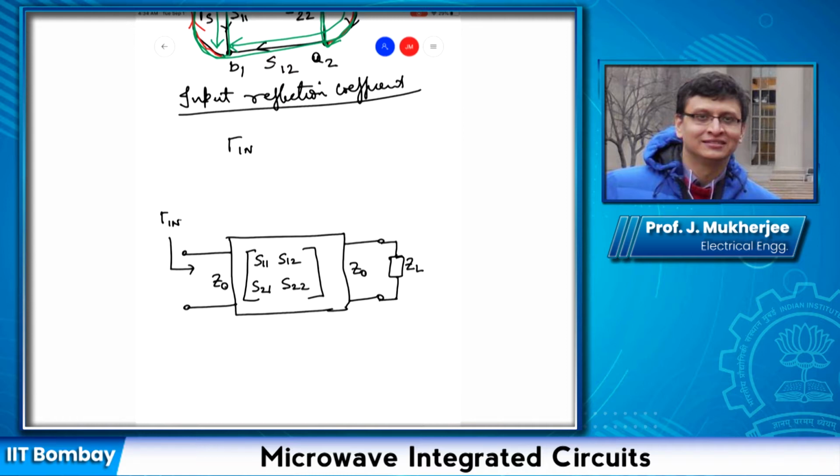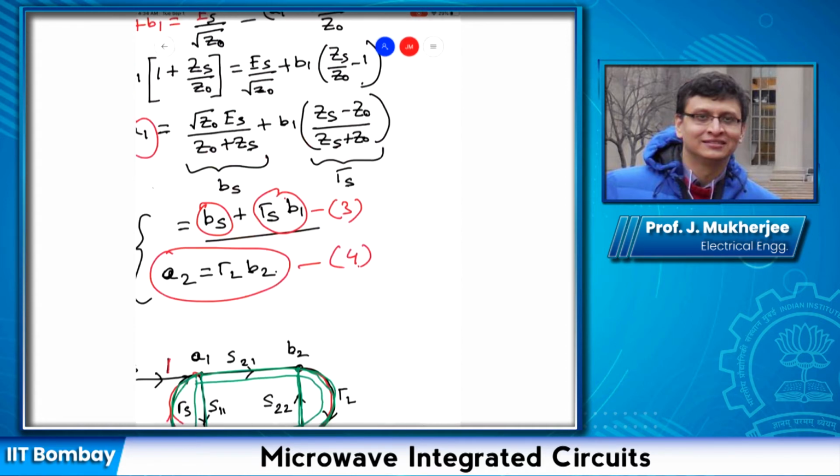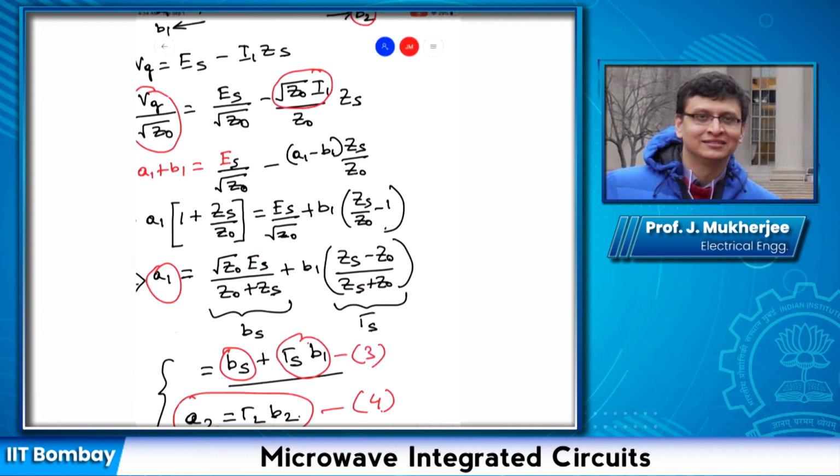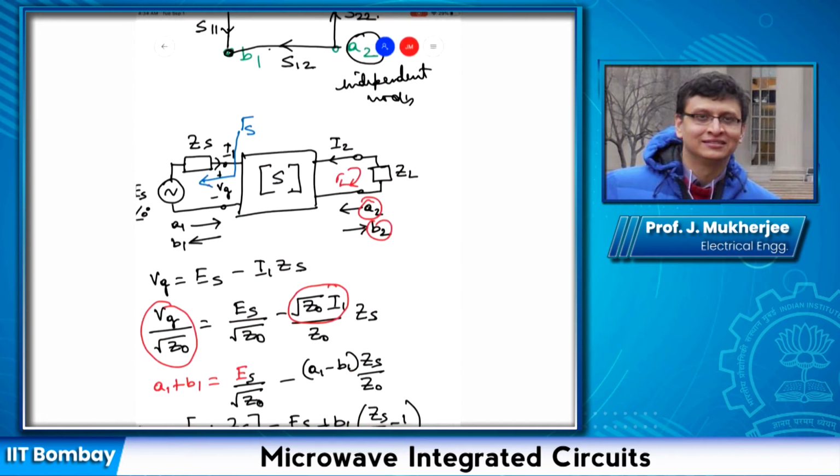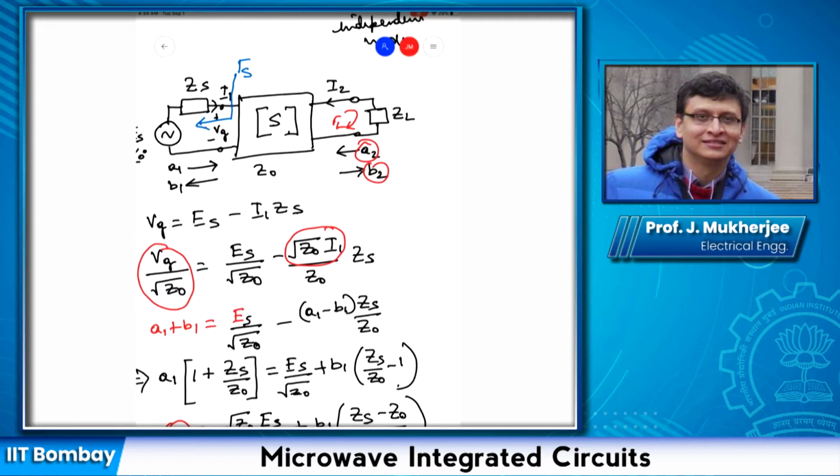Now, one thing I didn't mention is that in this above description, the characteristic impedance of both the ports was the same and equal to Z0. That's why when we normalize it, we use this kind of expressions.